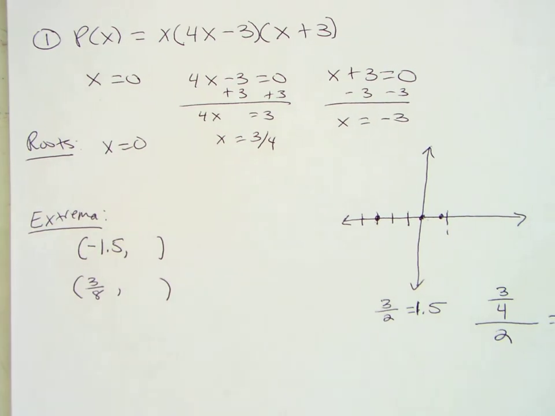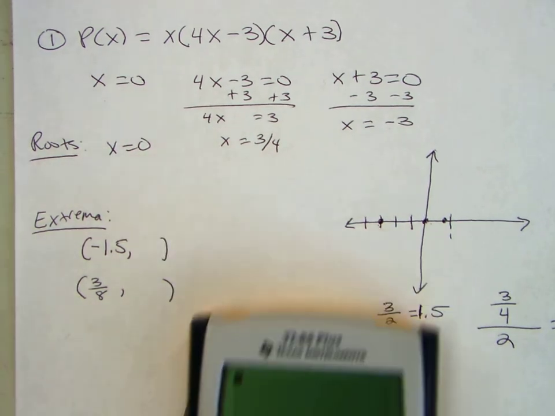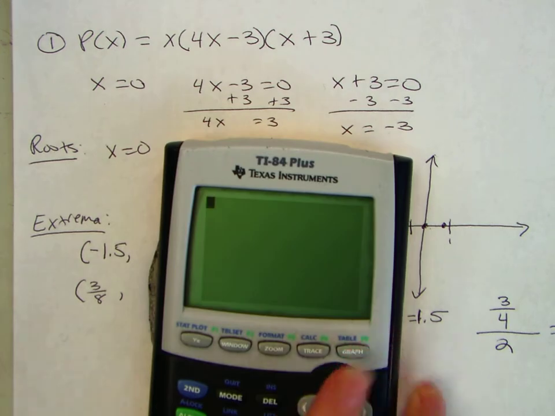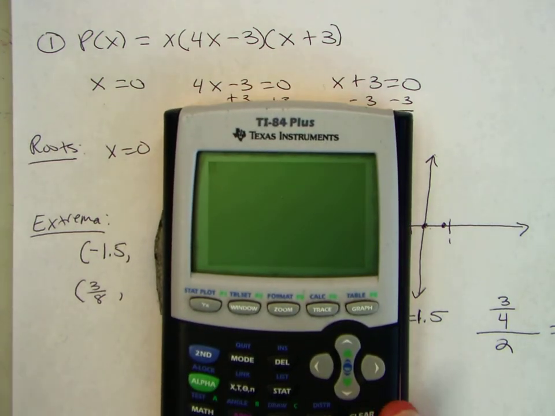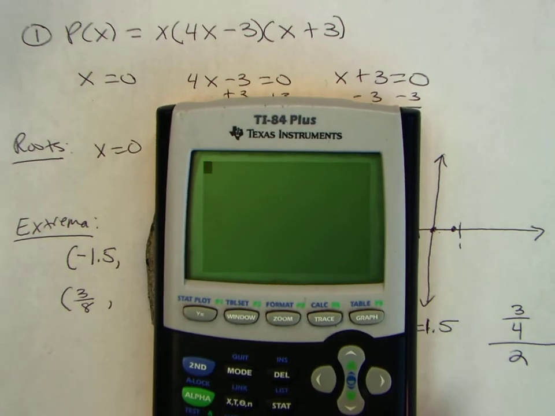So I'm going to use a calculator to do that. Let me grab my calculator really quick. Okay, can you see this? I'm going to zoom in a little so you can see.